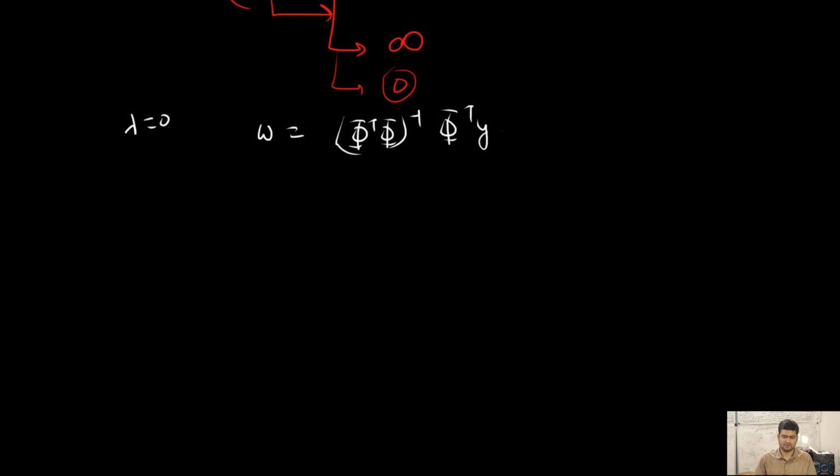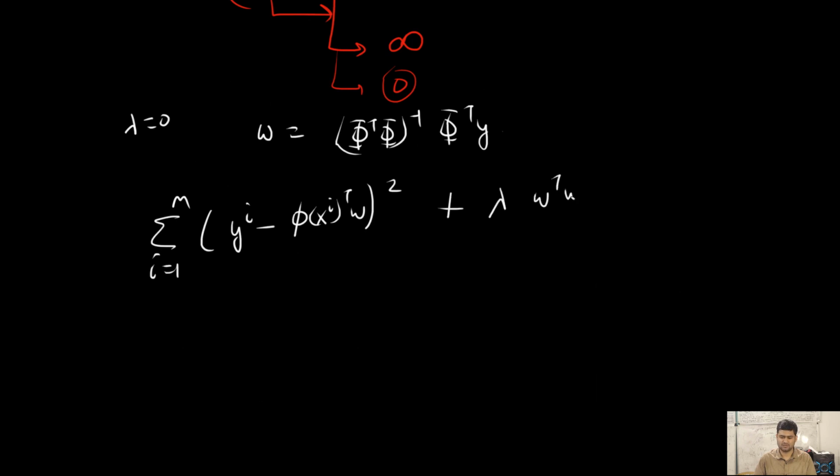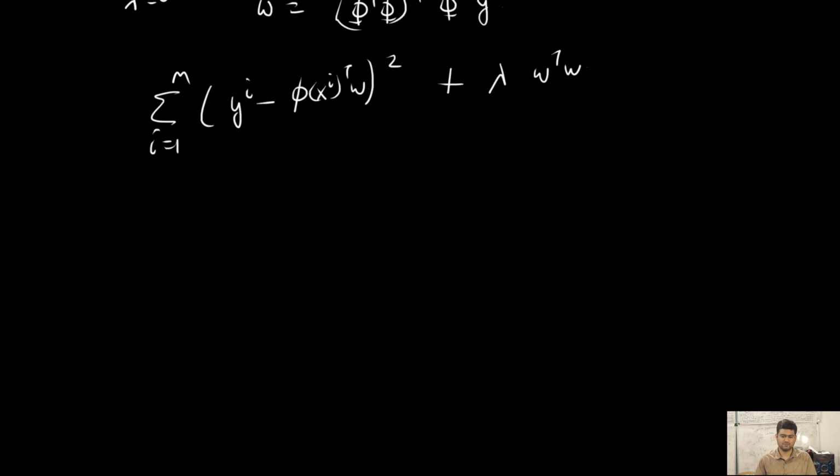So for example, let's consider the objective function as the sum over i equal to 1 to m, to make it more clear, of (yi minus phi of xi transpose times W) squared plus lambda times W transpose W.